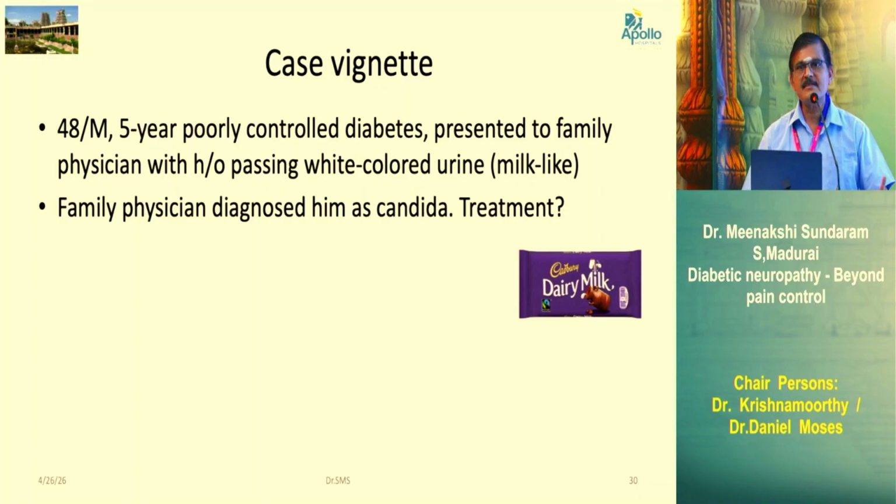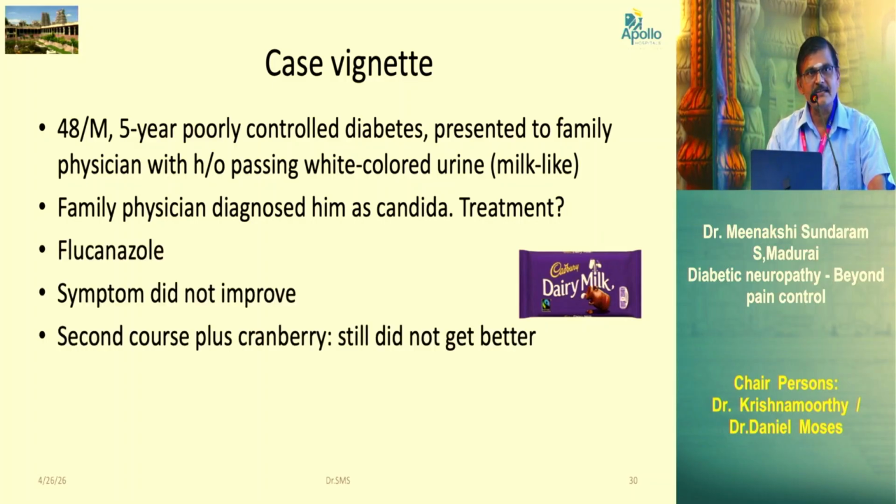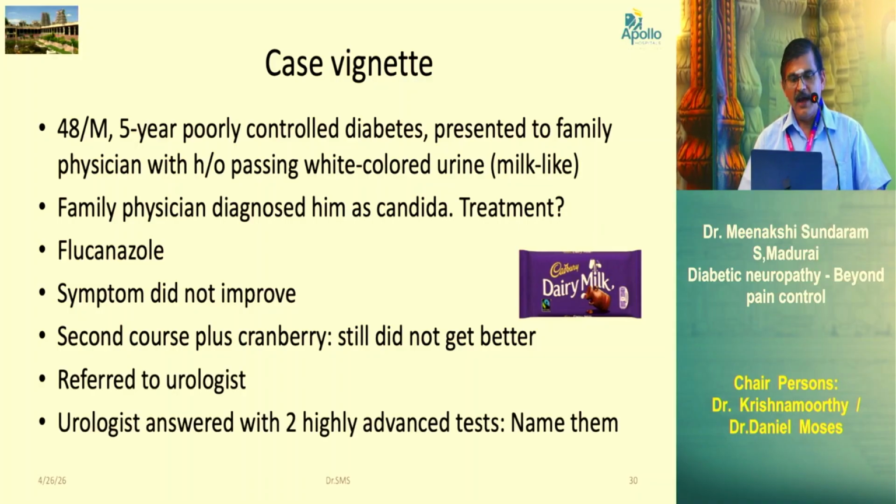What's the treatment we commonly give for candidiasis? Fluconazole. The patient was given fluconazole. He did not improve. He was suggested to take cranberry, did not get better, and went to the urologist who did 2 advanced tests and then gave a diagnosis. What are those 2 advanced tests which gave the diagnosis here?